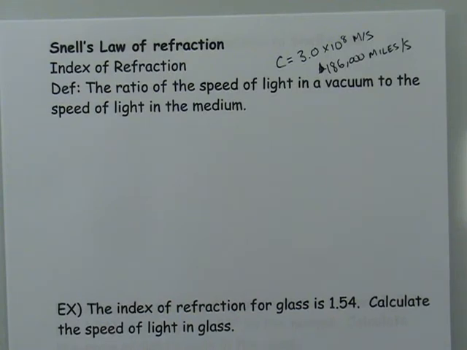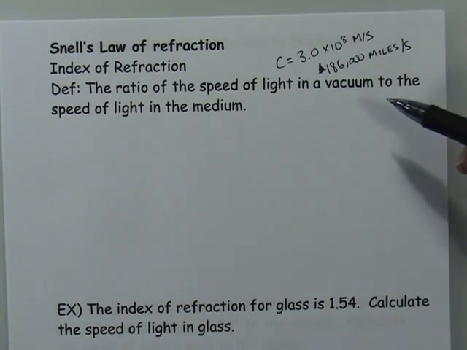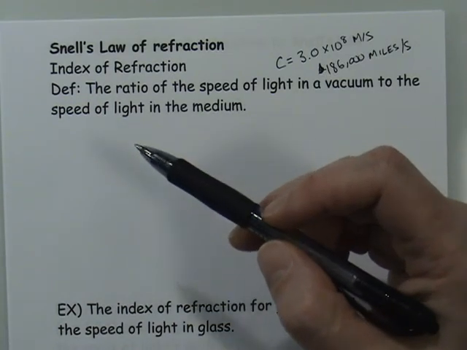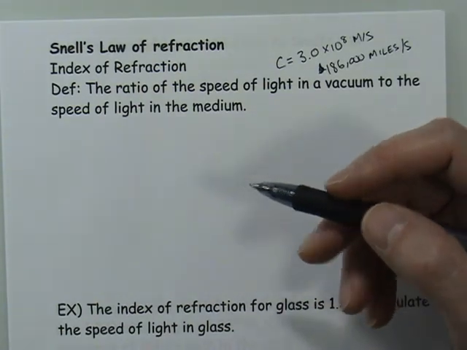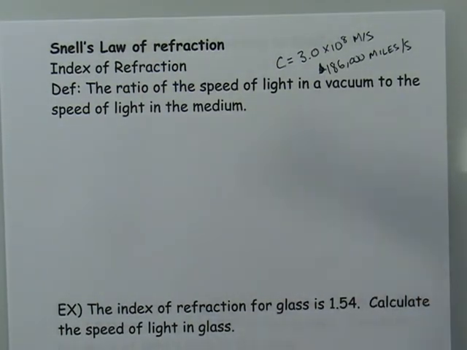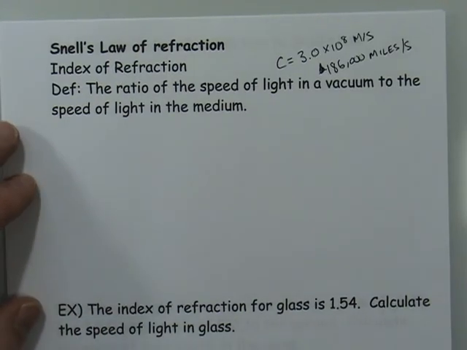Those atoms are sort of an obstruction to the light rays. In the air, it doesn't slow down very much because air is not very dense. But things like water or glass, or let's say a diamond, are much denser, and the light travels significantly slower in those. The index of refraction is just a way of putting a number on how much slower it is going to go compared to the speed of light in a vacuum.